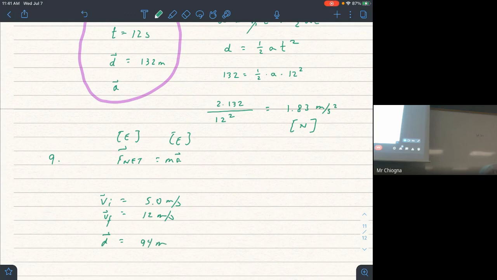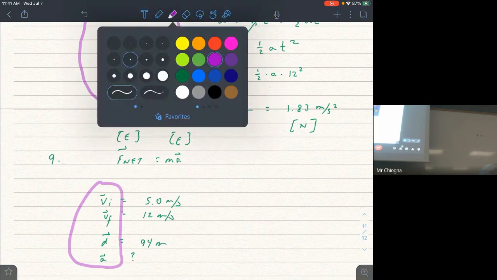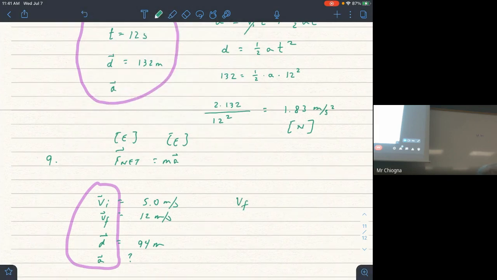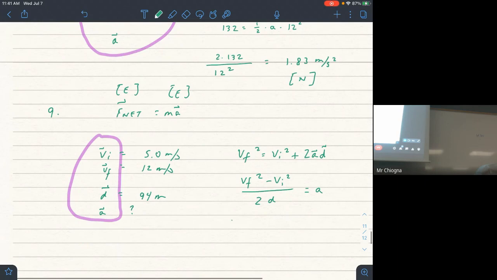What's the acceleration? We want the acceleration to find the force. Use this equation here. Solve for, know how to rearrange for the acceleration or the distance. Those are common questions. And your acceleration is 0.633.